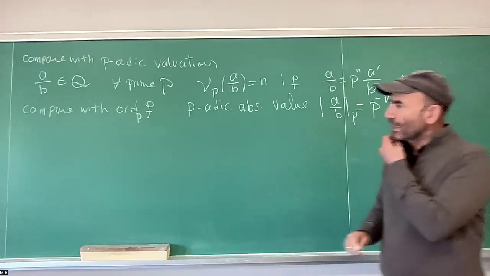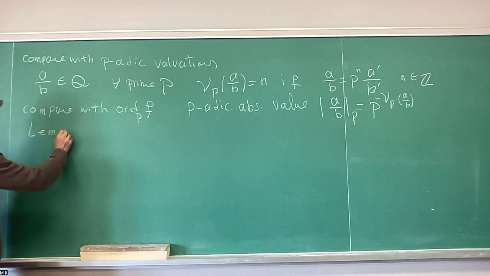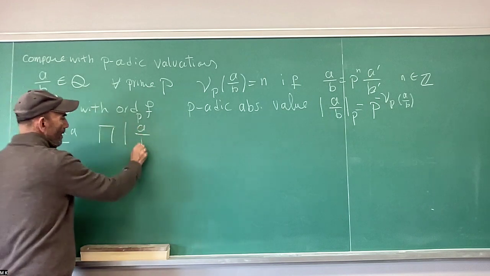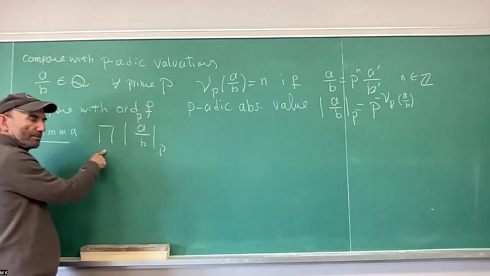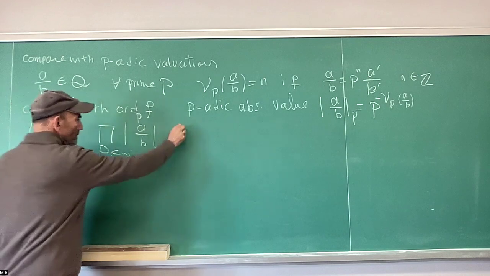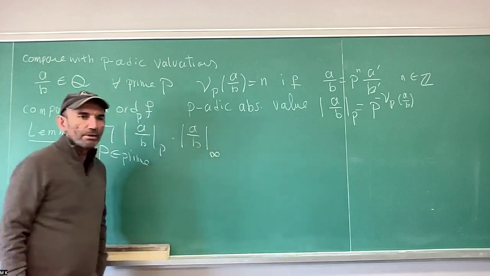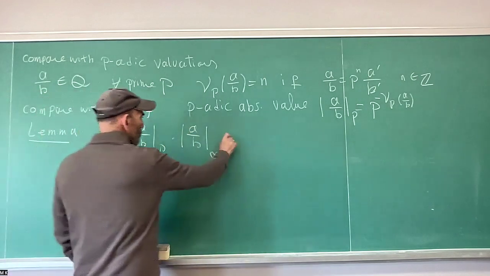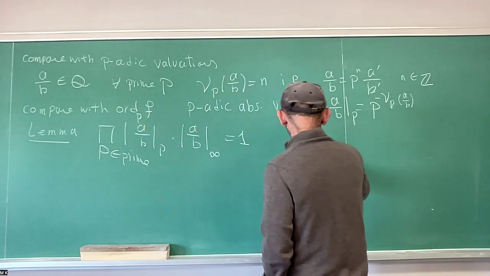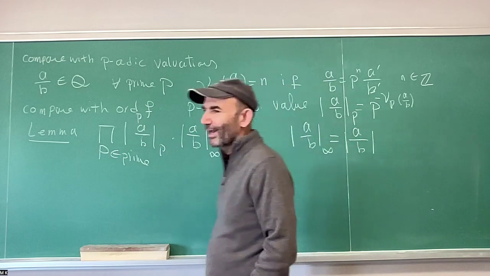Then the lemma is this: the product of all p-adic absolute values over all primes p, times this quantity, which is actually the usual absolute value of the number, is equal to 1.